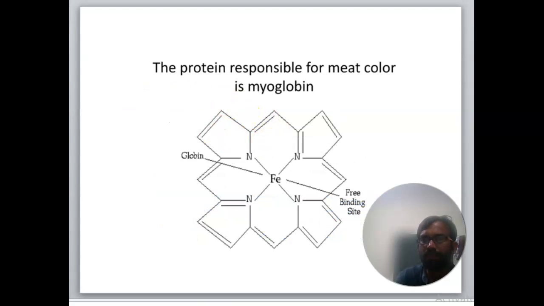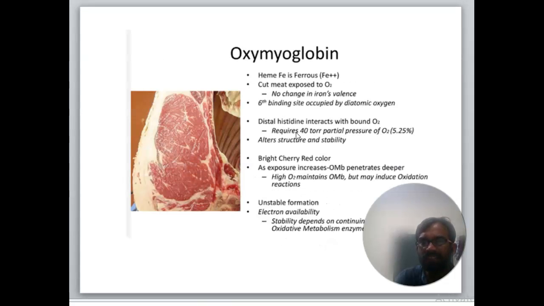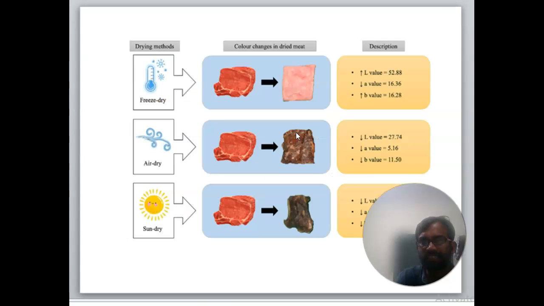And you can see the protein responsible for meat color, myoglobin. This is one of the nice pictures. You can see the globin and free binding sites. These are the deoxymyoglobin and these are the oxymyoglobin states. These are the drying methods, and the coloring and description parts you can see clearly.